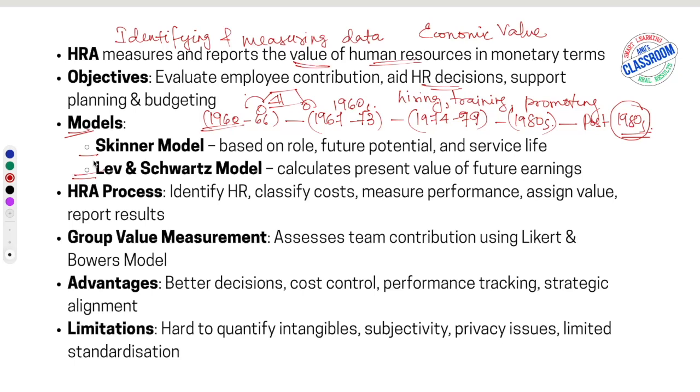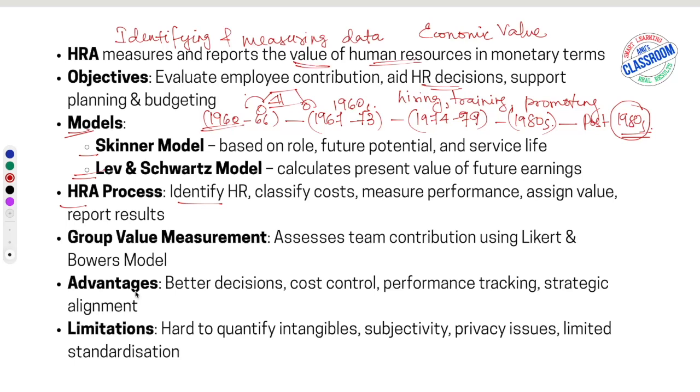Okay, now let us understand how the HRA process works. As usual, by now I'm sure you have an understanding of how these kinds of processes happen, right? First, the company will identify all its human resources. It may be employees, consultants, temporary staff, whoever it is.